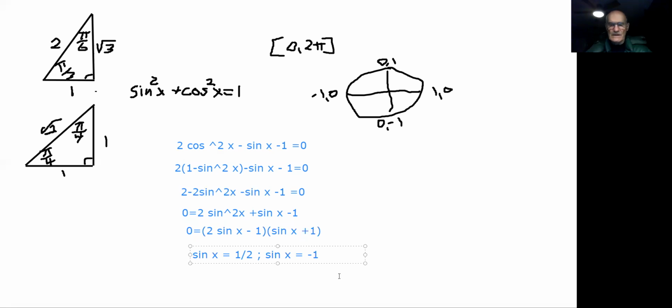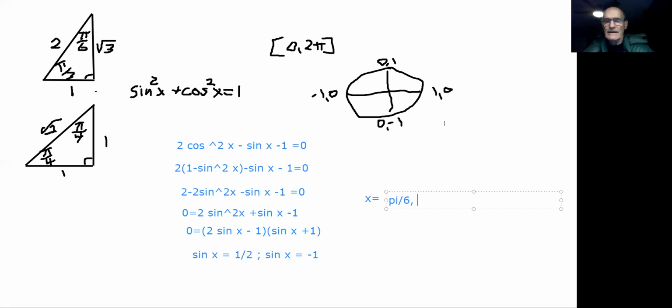So sine x equals 1/2. I go over here to my pi over 3, pi over 6 triangle. The angle whose sine is a half is pi over 6. So one of my answers is pi divided by 6.